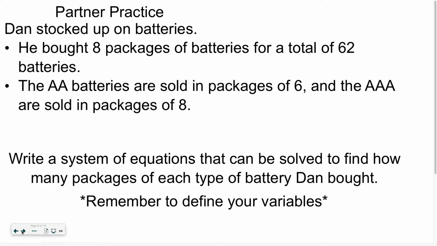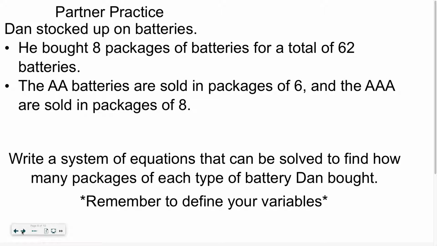What? No, because when you substitute, no, you know what? I would use, like, X, Y, but whatever you do, put it at the beginning. Do not make your variables AA and AAA.